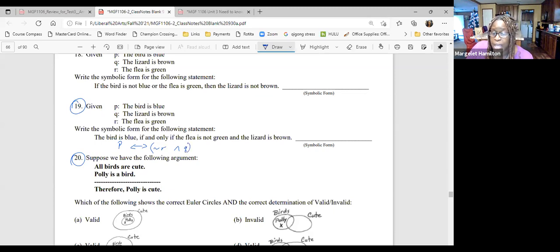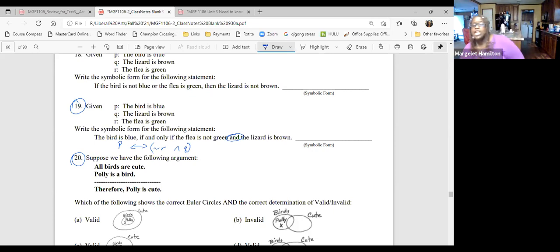Is everybody okay with that? When we read it, we should see that these two simple statements are coupled together with this word and. All right. So we have a statement, then we have our main thought, if and only if.